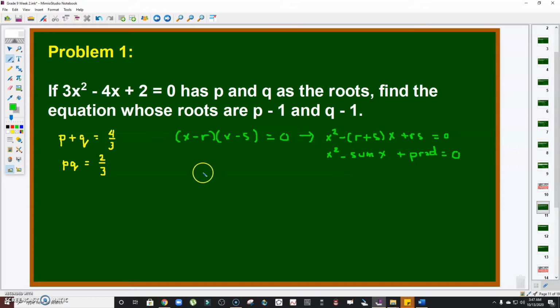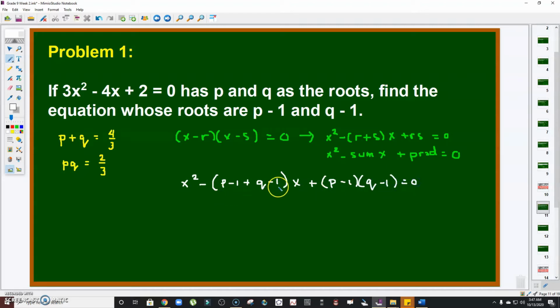Meaning to say, our required equation is x squared minus the sum of p minus 1 and q minus 1, so p minus 1 plus q minus 1, x plus the product, p minus 1 times q minus 1, equals 0.